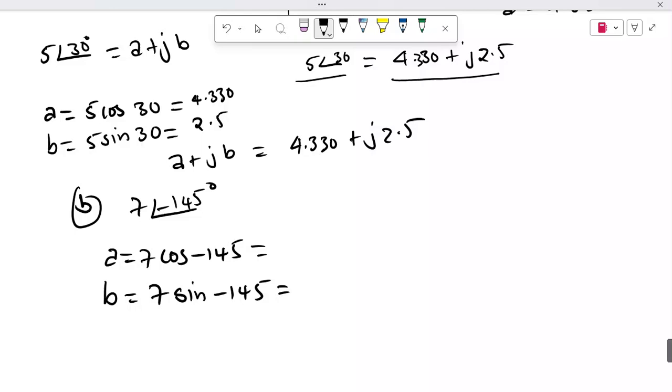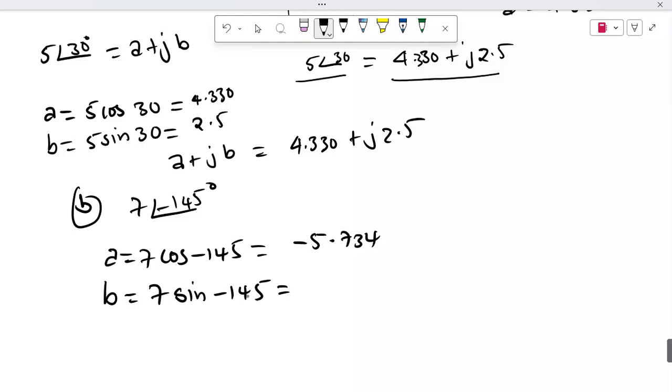Okay, so 7 cos negative 145 is negative 5.734, rounding off to 3 decimal places.